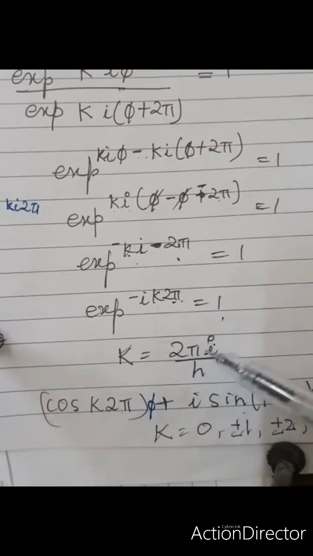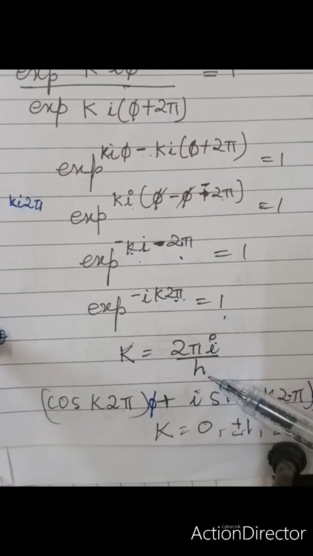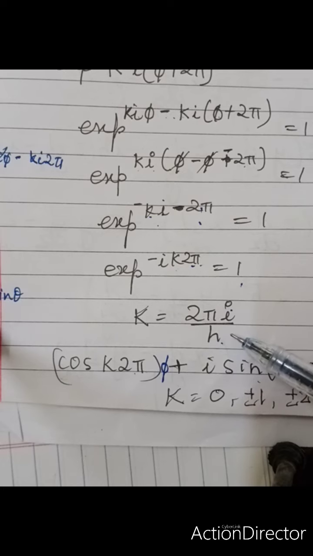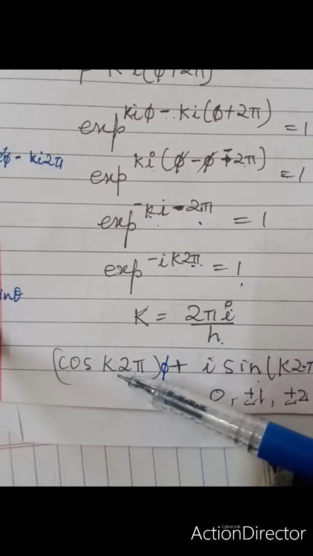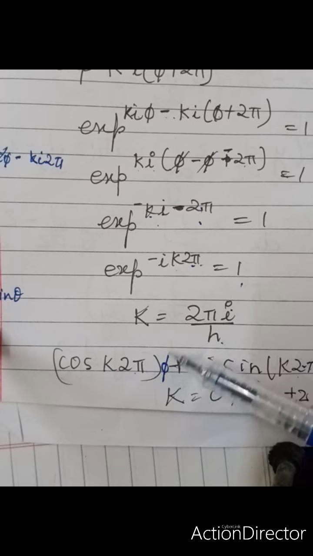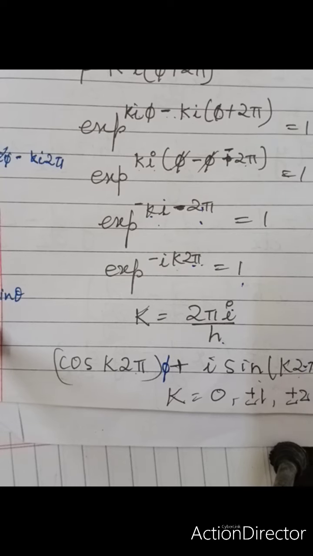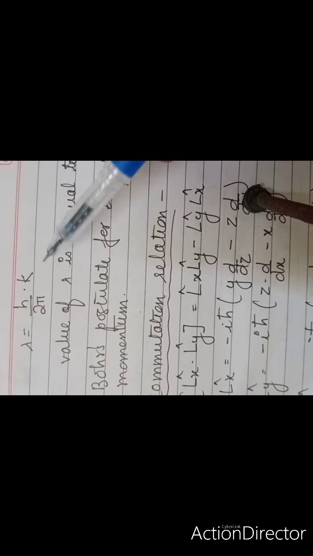Now we take it in the form cos theta plus i sin theta. So this is cos of 2 pi k plus i sin of 2 pi k equal to 1. So k will have the value 0, plus minus 1, plus minus 2. Since k is 2 pi upon h lambda, lambda will be equal to h upon 2 pi k. So the value of lambda is equal to the postulate for the angular momentum.